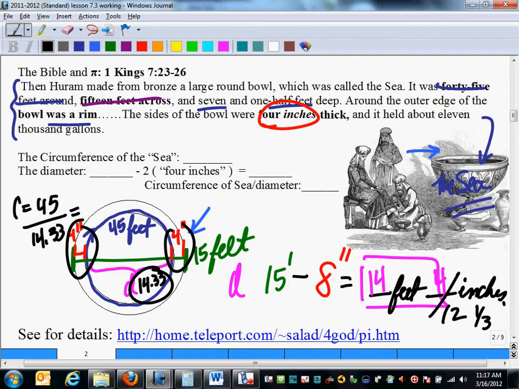Oh, it's high. Because you're 15 inches, right? Or no, it is 15 feet. What'd you guys get? 0.069783. Should have gotten 3.14. Yes, so that is an actual reference to what we call pi in the Bible.